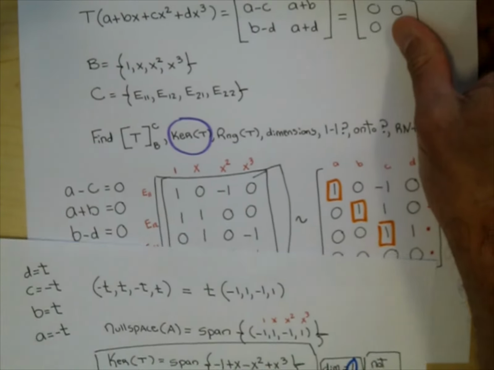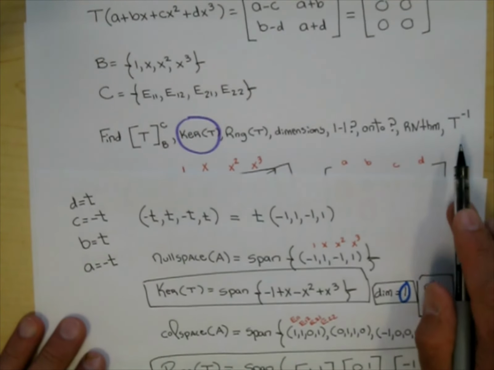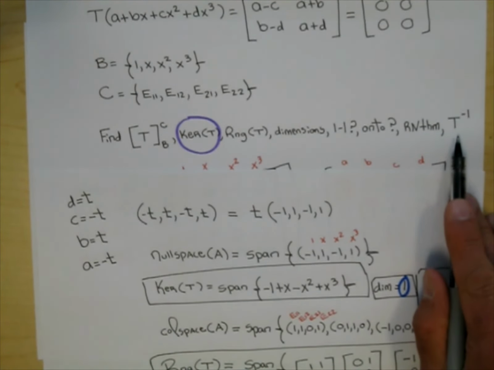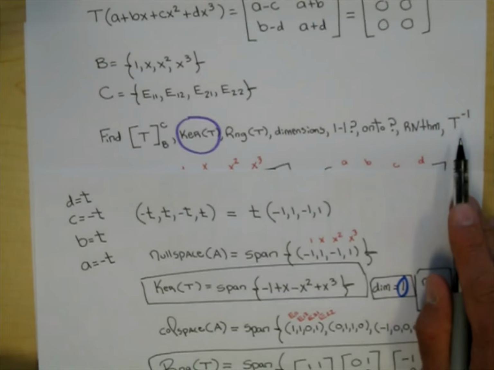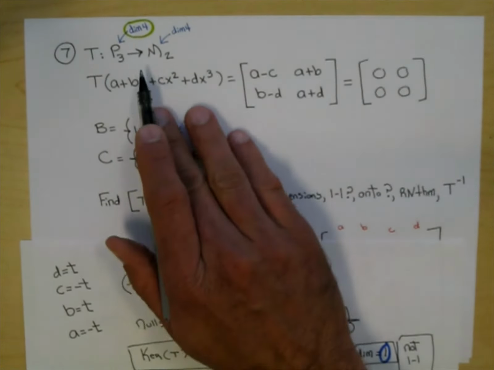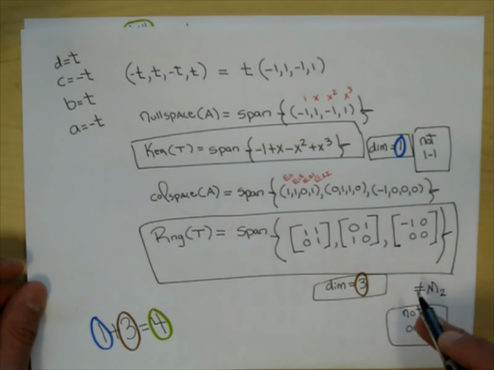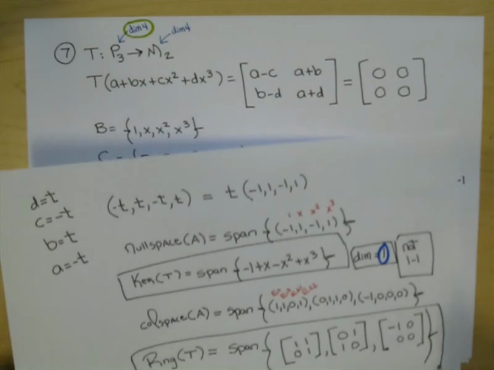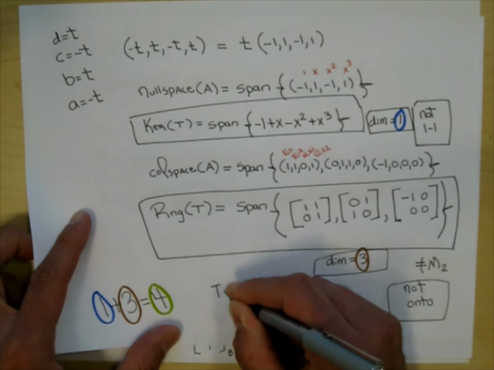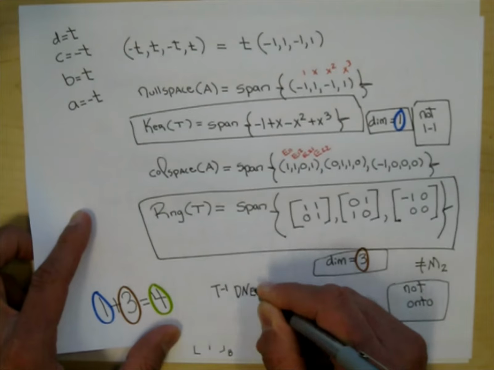We're almost done. Look at this. T inverse. Well, the inverse linear transformation exists if and only if your linear transformation, which is this guy right here, is both 1-to-1 and onto. And it's not. So what are we going to say about T inverse? T inverse does not exist.